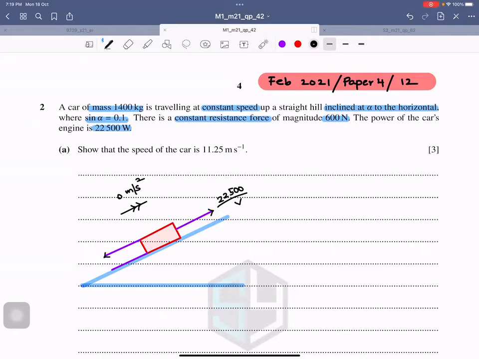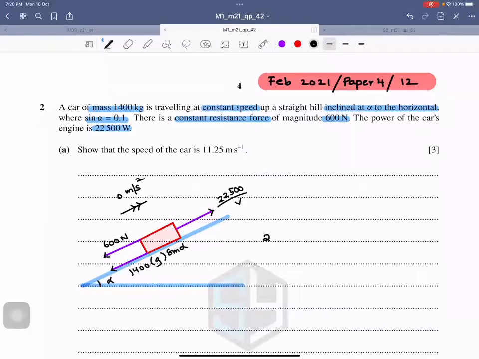There is a resistive force of 600 Newton. This angle is alpha. This weight component is acting down, which is mg sine alpha. Since it's not moving up, it's not accelerating.